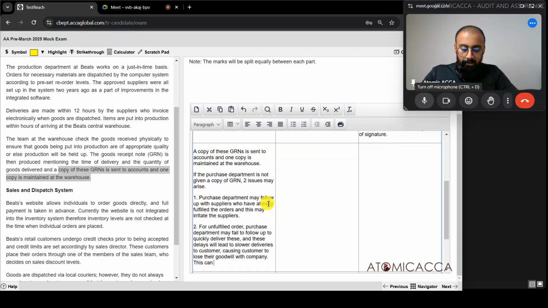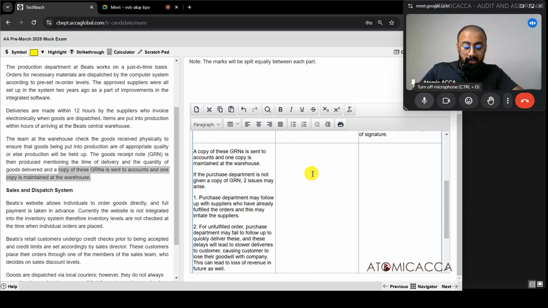This can lead to loss of revenue in future as well, because if customers are unhappy, they're not going to purchase from you anymore. So we told what are the issues with GRN not being sent to the purchase department.